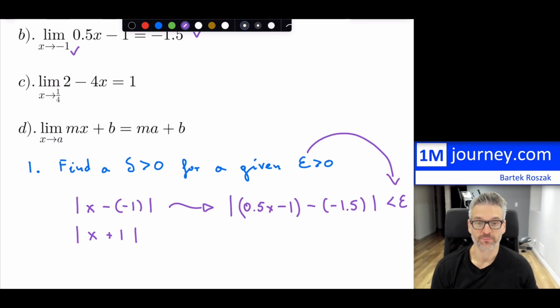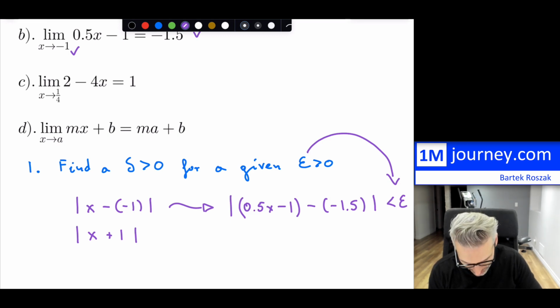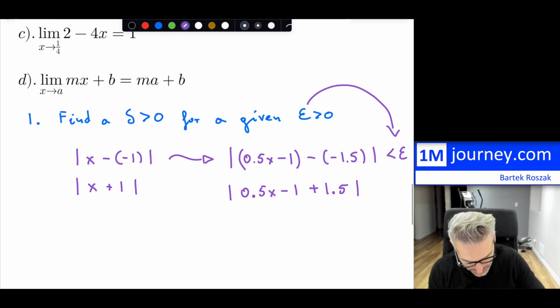Okay, so let's now massage it a little bit and see exactly what happens in here. I'm going to simplify this. The first thing that I'll do is open up the brackets. Notice this is going to be -1, this is going to be plus 1.5. And now, of course, these two I can simplify further, so this is going to be plus 0.5.